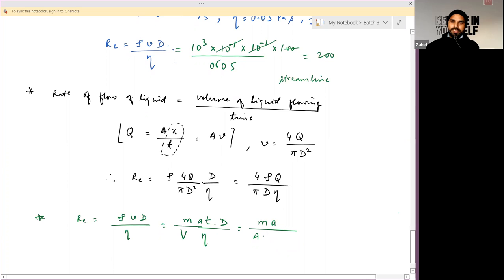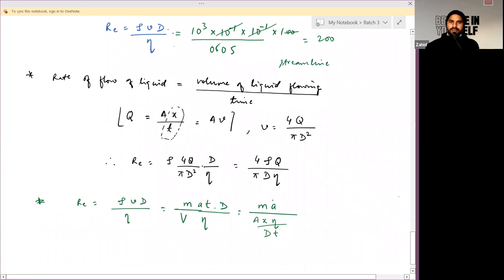Volume is A times X into eta. Diameter is in numerator, so we can write it into the denominator of this part times T. Now in the numerator part, we have mass times acceleration, so this is called inertial force.